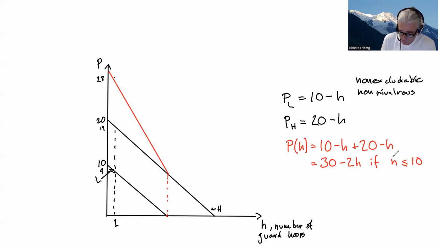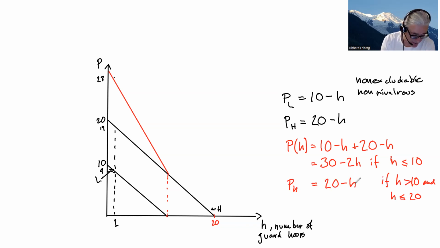If H is 10 or below, it's given by 30 minus 2H, whereas if H is above 10, and H is not above 20, the willingness to pay is given by the high type here, so 20 minus H. We can show that by drawing it as well.